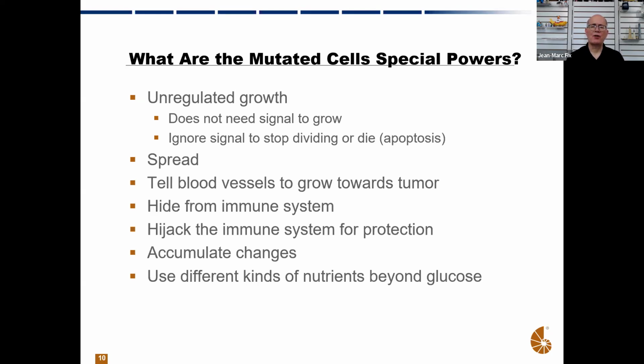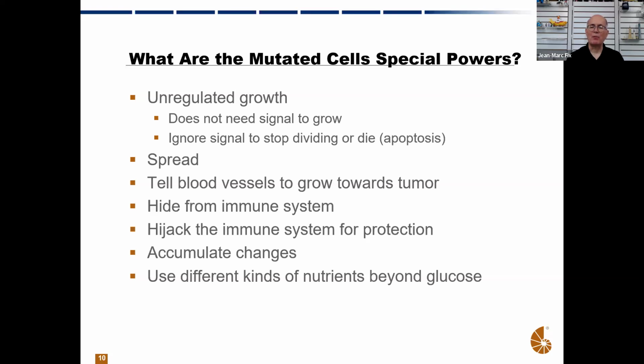It has the power to attract blood vessels to grow towards the tumor. There are substances in your body that favor the growth of blood vessels, usually for healing purposes, but the tumors figure out how to use them for their own growth. They've learned also to hide from the immune system. As I mentioned, the immune system is good at recognizing foreign cells, and they're good at hiding from it.